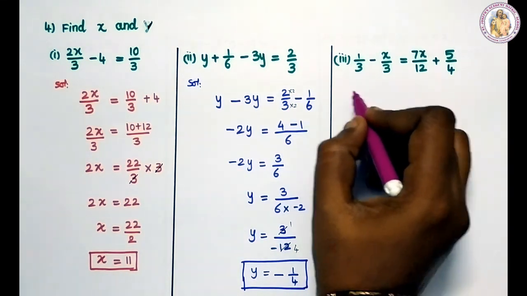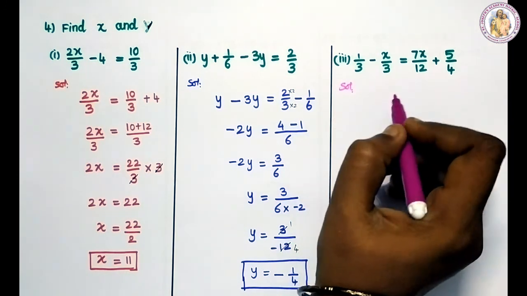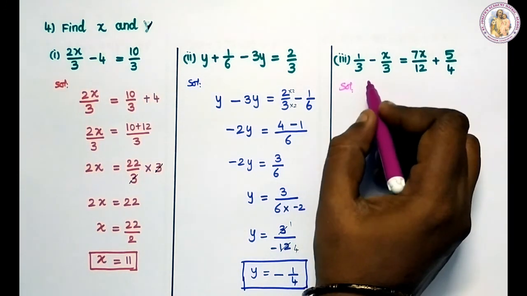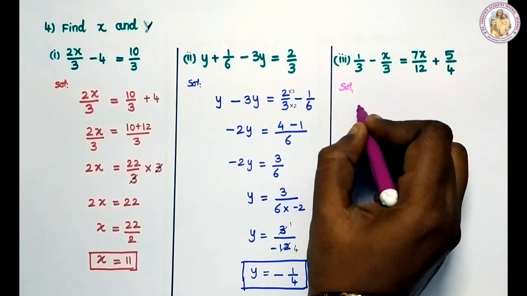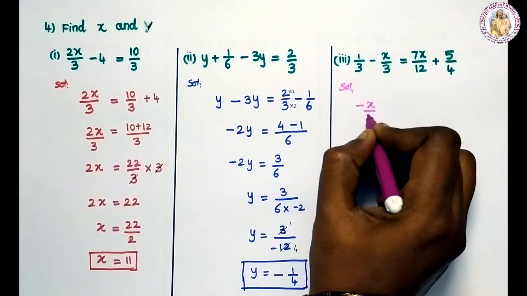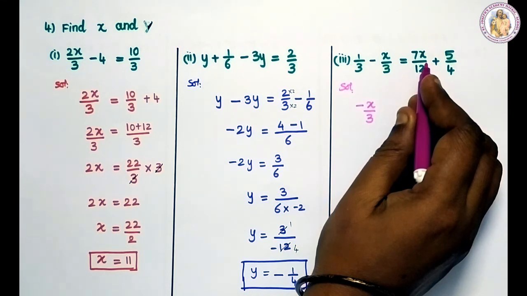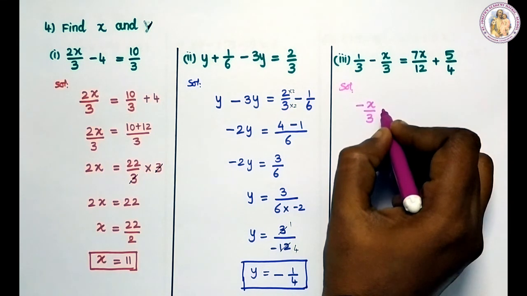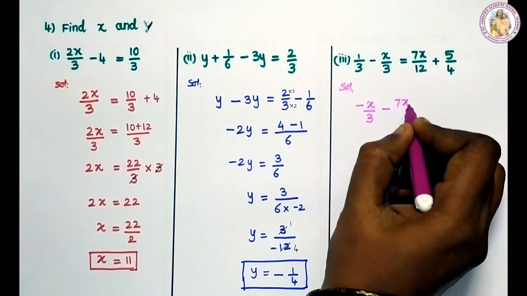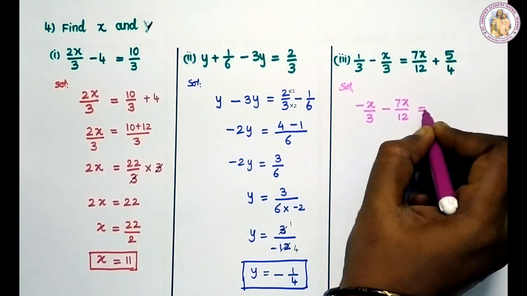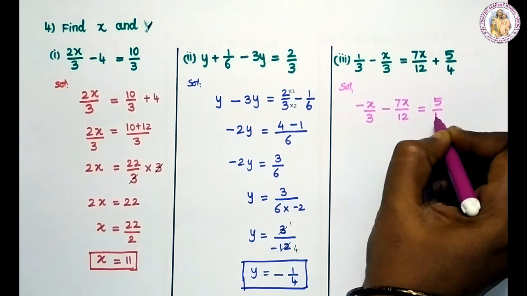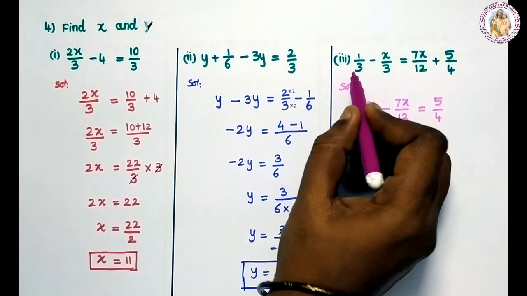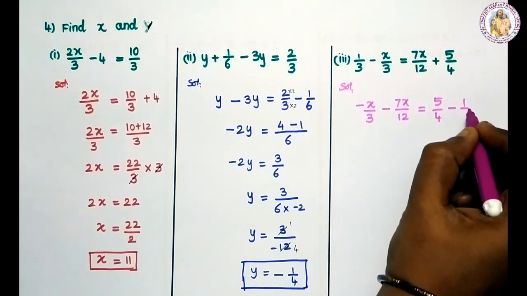So listen, minus x by 3. Here 7x by 12 is in plus sign. Bring this side means minus. Equal to 5 by 4. Here plus 1 by 3. Bring this side means minus 1 by 3.